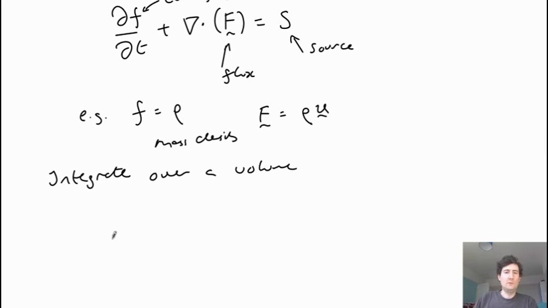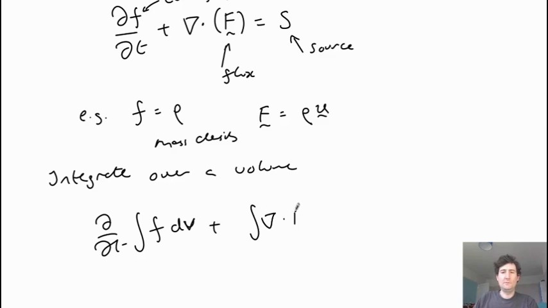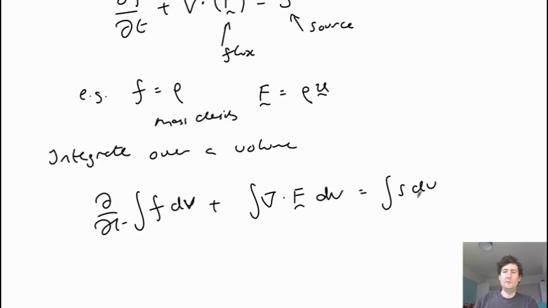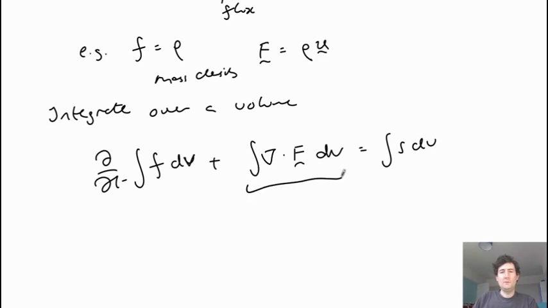And so we have d by dt of the integral of f dv, where v here is the volume of the cell, and then we have the integral of this divergence of the flux F, also integrated over v, and this of course is just the surface integral of F dot dS.